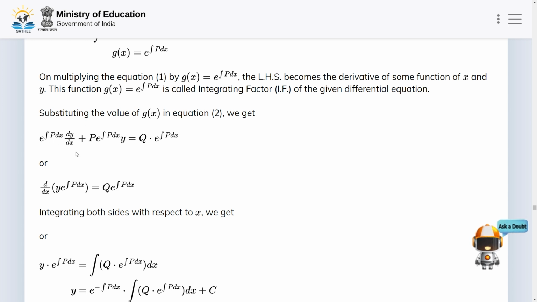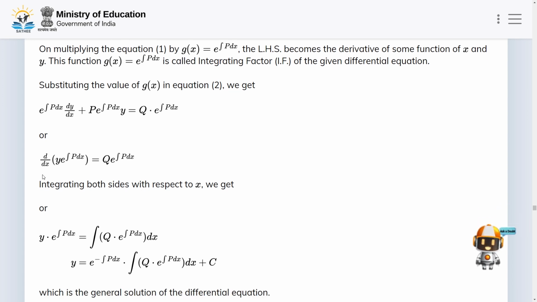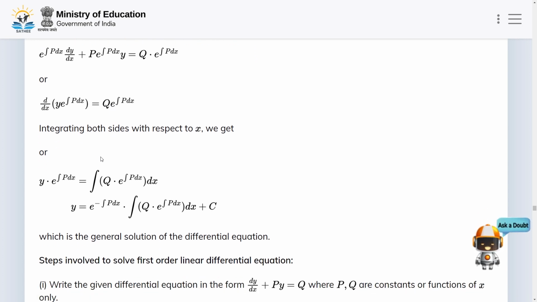So this left hand side can be rewritten as the derivative of y e^(integral p dx), and the right hand side is q multiplied by e^(integral p dx). After integrating both sides, you will have y multiplied by e^(integral p dx) is equal to the integral of q e^(integral p dx) dx.